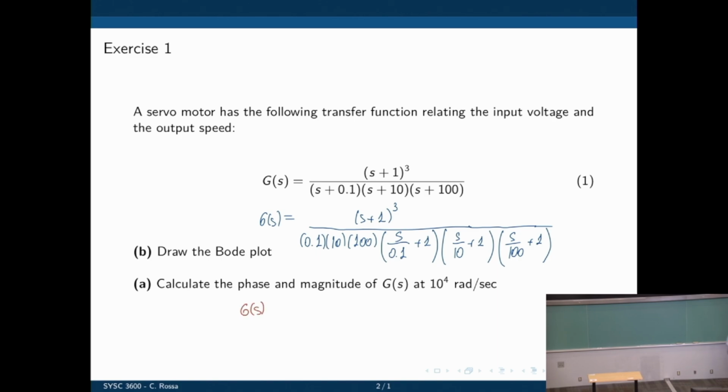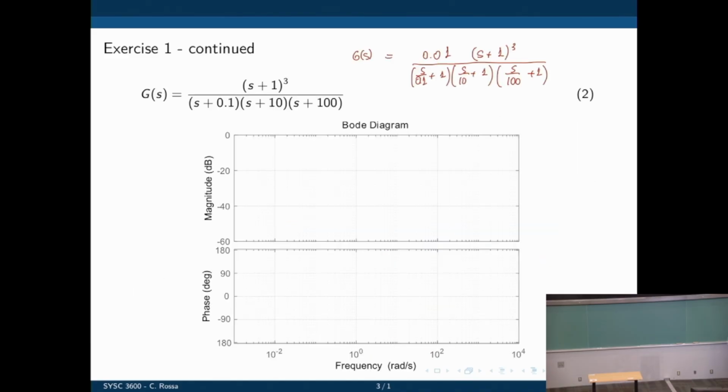We have 0.1 times 10, that's 1. 1 over 100, that is 0.01 times S plus 1 to the power of 3, all divided by S over 0.1 plus 1, S over 10 plus 1, and S over 100 plus 1. Are we good so far?